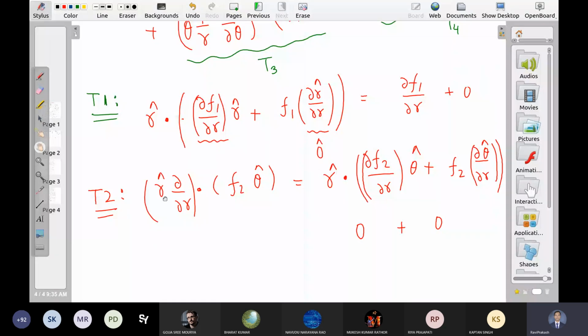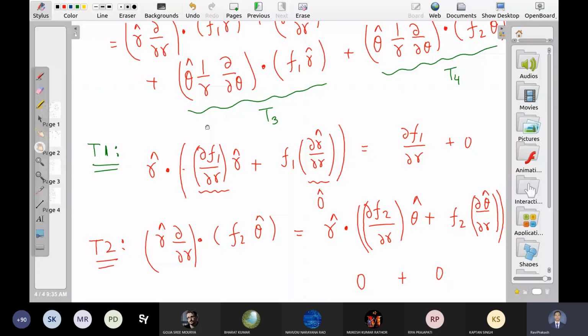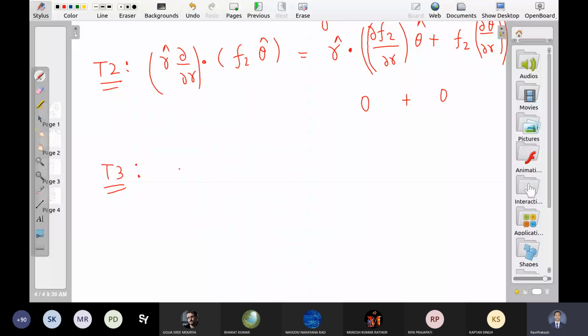What about term 3? Term 3 is this. It's a somewhat big term. Okay, let's see. Theta cap 1 by r del y del theta dot product with f1 r cap, right?